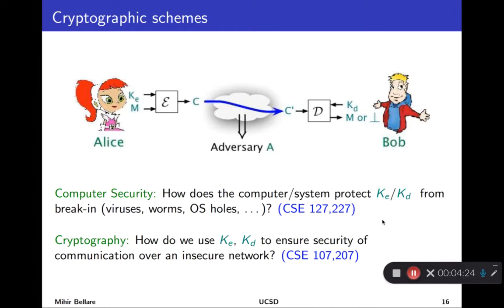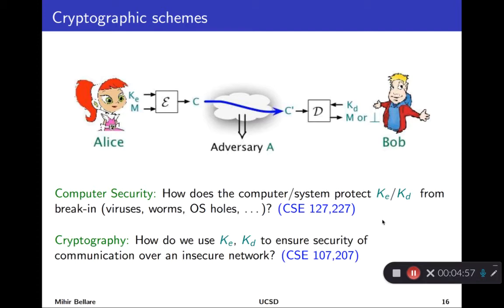All these different questions have in some ways so many different aspects and natures, and that's an explanation of why security broadly taken involves so many different disciplines. So what we usually call computer security concerns how your computer system might protect these keys, what kind of threats there are to the system itself in the form of viruses and malware and things like that.